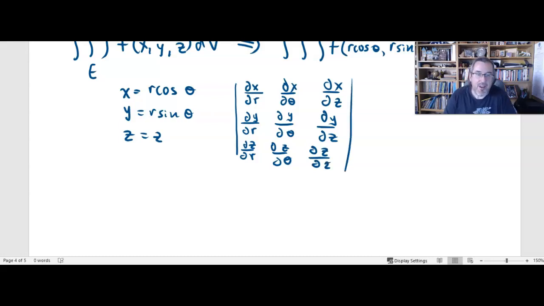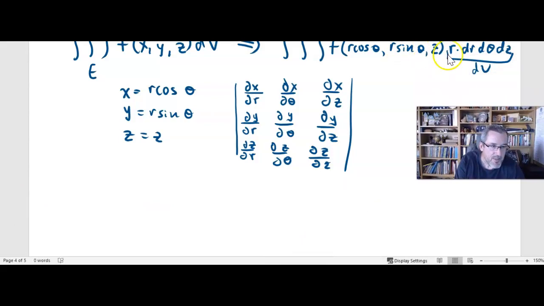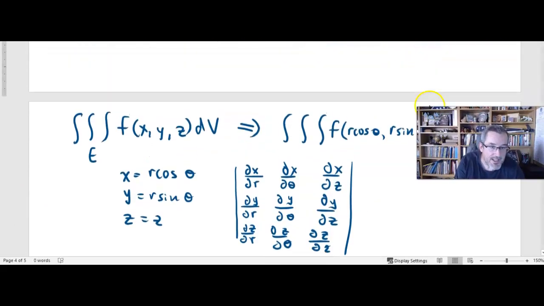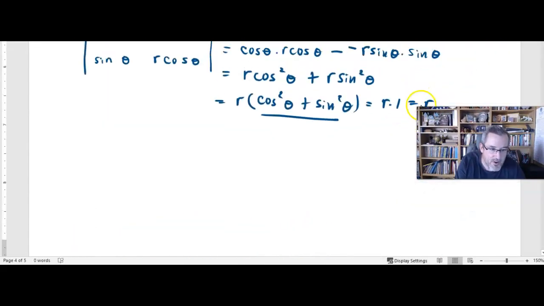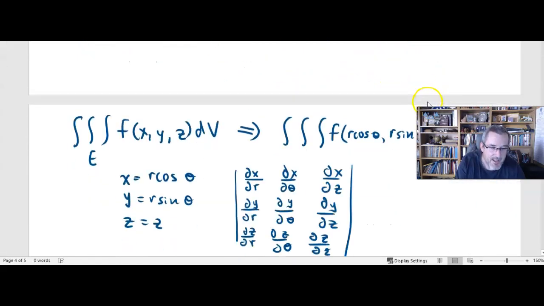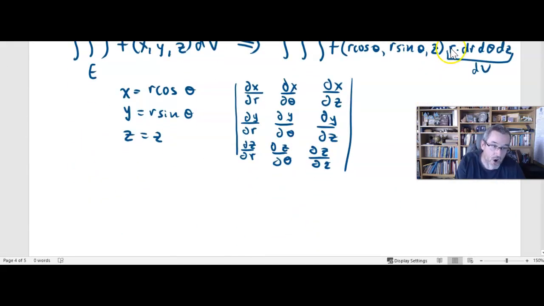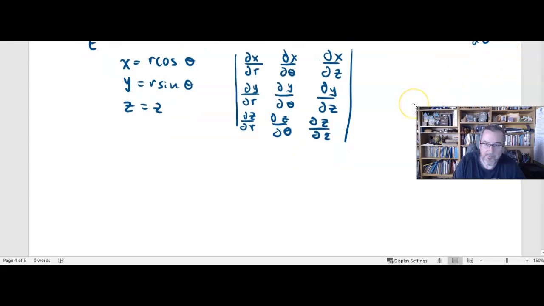And so we end up with a 3×3 determinant that we can evaluate. And the idea would be this 3×3 determinant should spit out that Jacobian of r, just like it spit out the Jacobian of r here, r dr d theta. Now it should spit out a Jacobian of r once again, so we have r dr d theta dz. All right, let's do it quick and see.